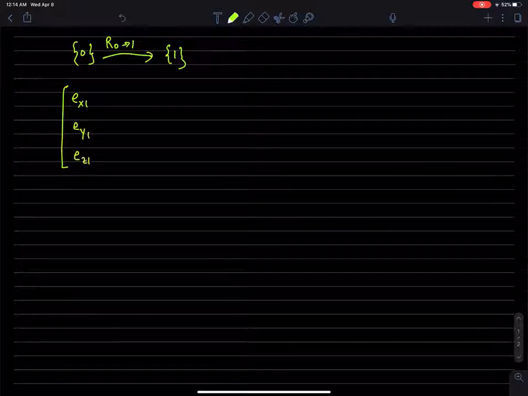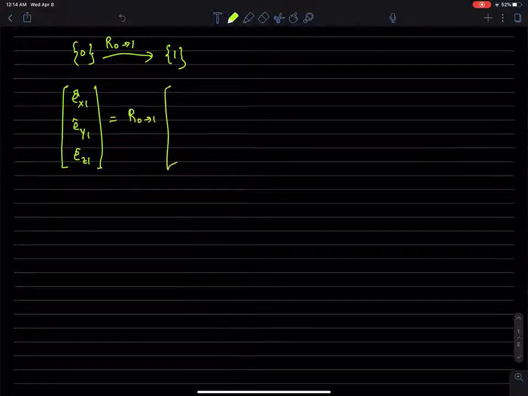Well, the coordinate axes are related to each other in this manner. Okay, in fact, this is how we defined this rotation matrix.